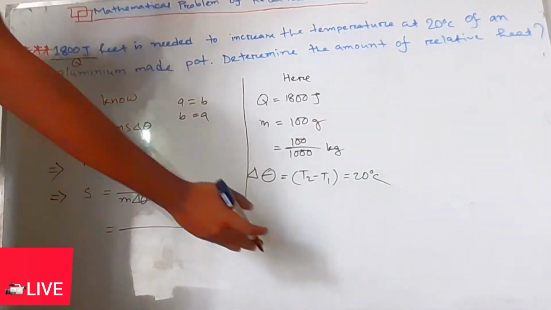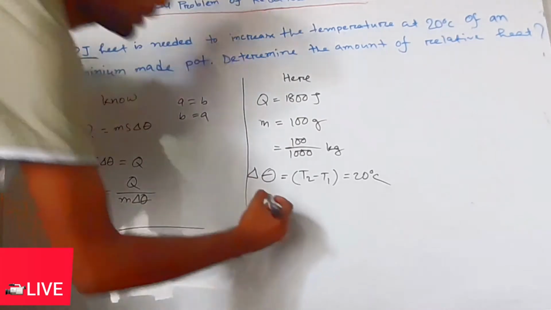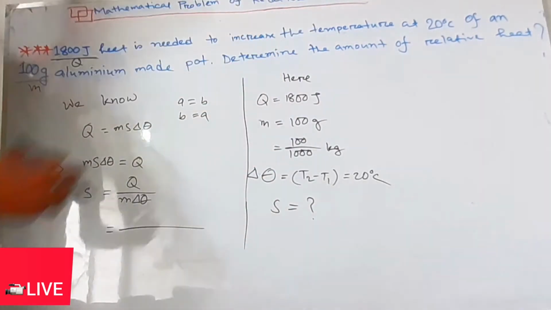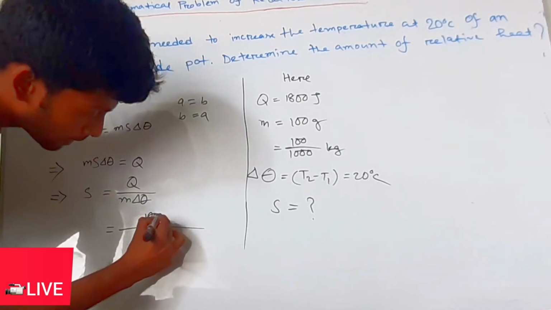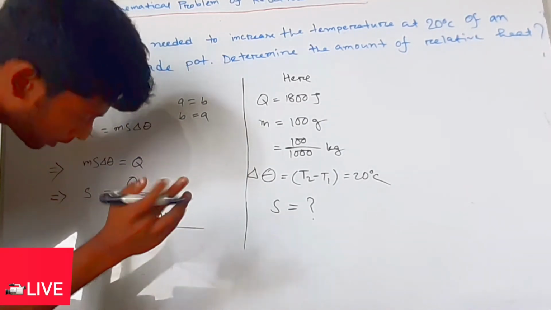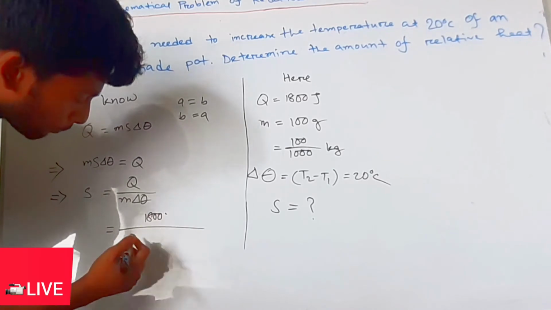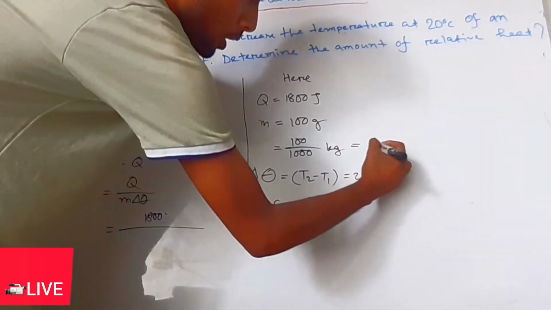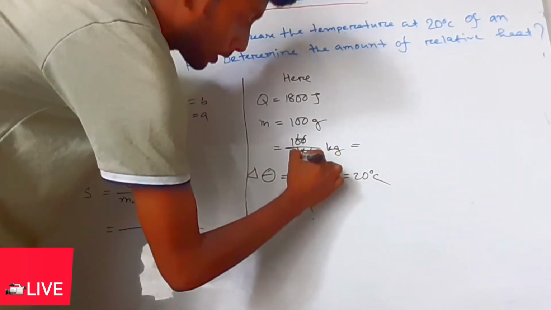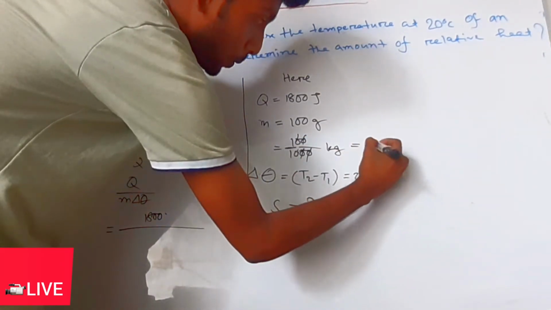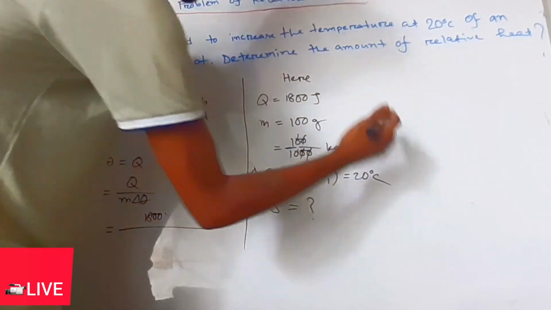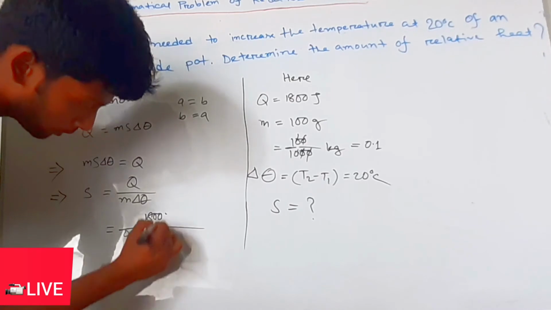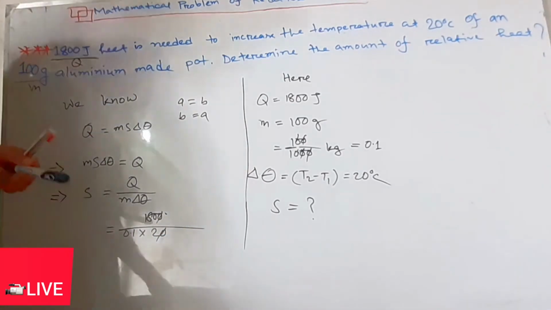So now input all of the data and the magnitudes, and here s is required. So s equal to what? Q, 1800 joule. You do not need to write the unit. M we can convert, so we can write it after division: 0.1 into 20. So now we need the calculator.